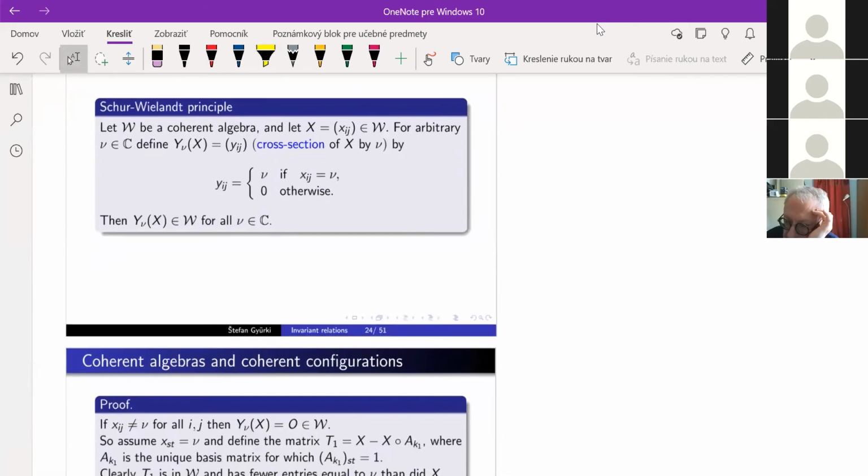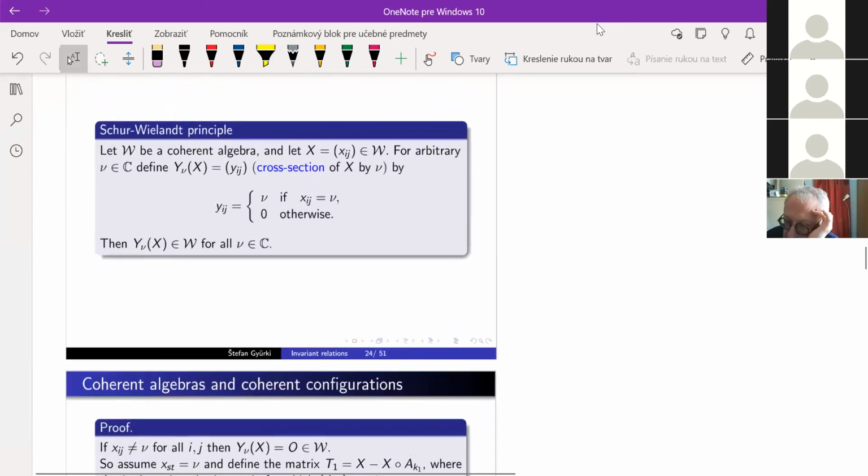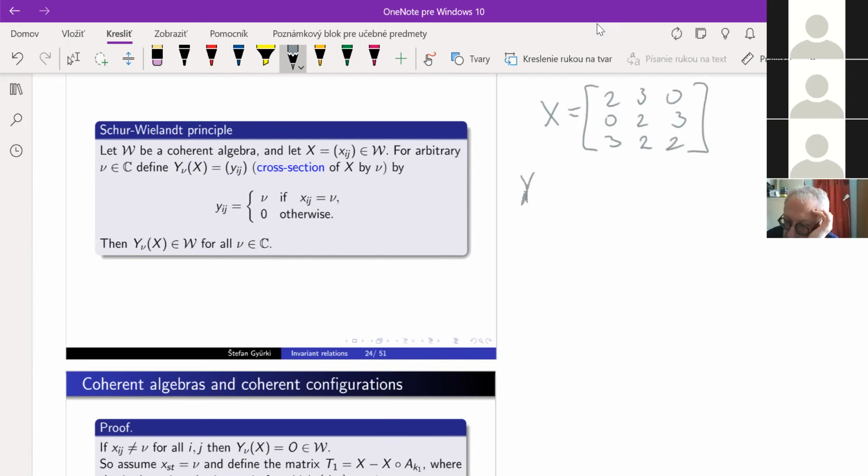So this is easy to check, and here we have an important Schur-Wielandt principle, which says that if you have a matrix X from the coherent algebra W, then you can make something called a cross-section.